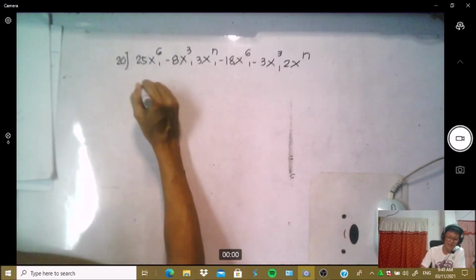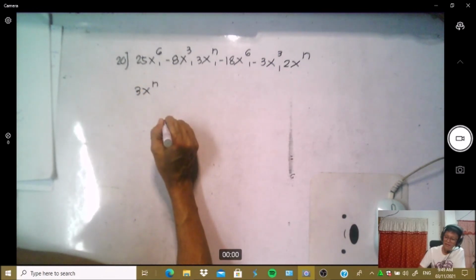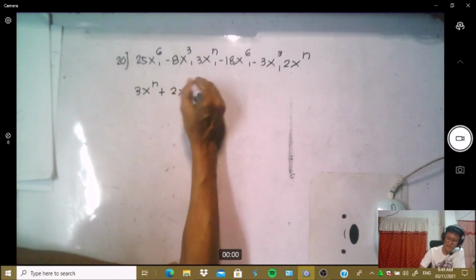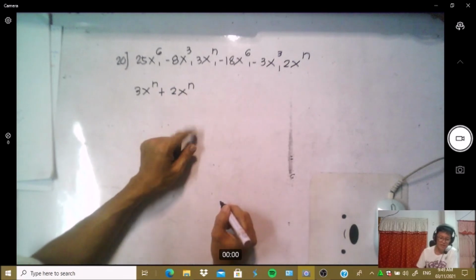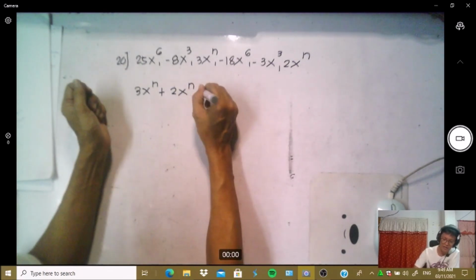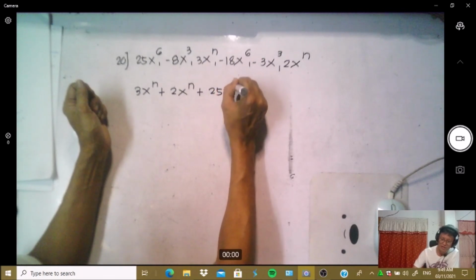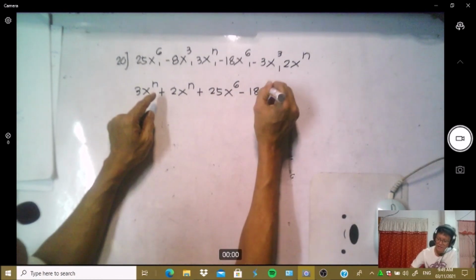So we have 3x raised to n, plus 2x raised to n. Then next will be 6. So we have plus 25x raised to 6, then minus 18x raised to 6.